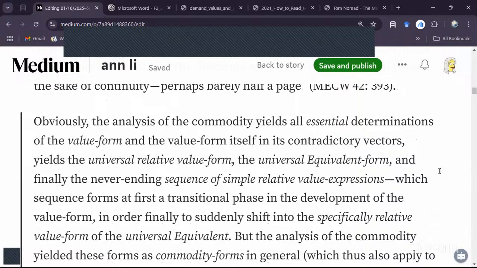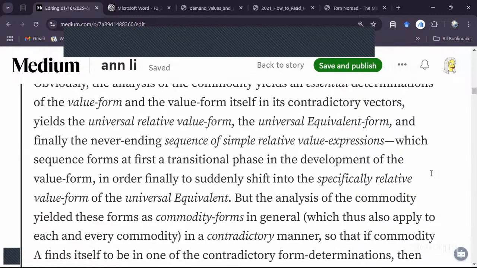But the analysis of the commodity yielded these forms as commodity forms in general, which thus also apply to each and every other commodity, in a contradictory manner.